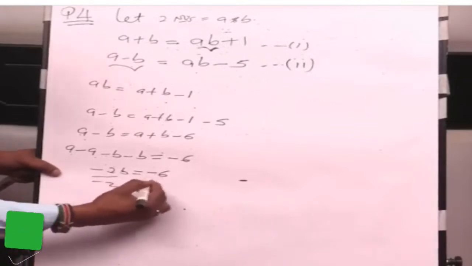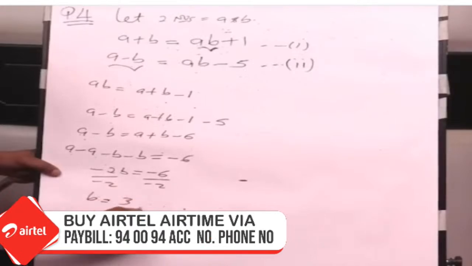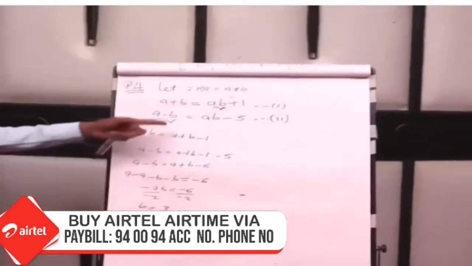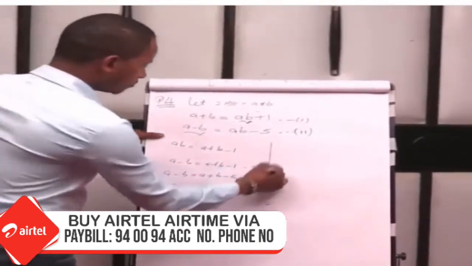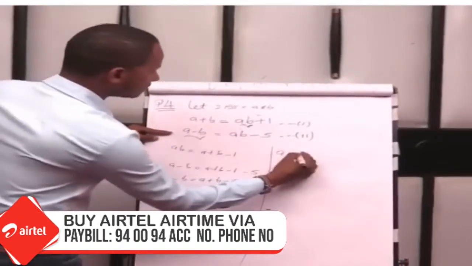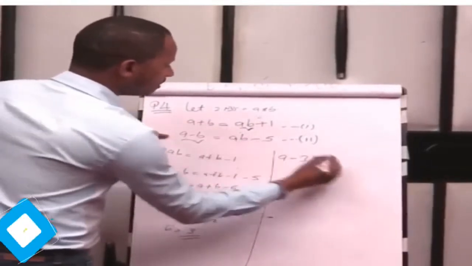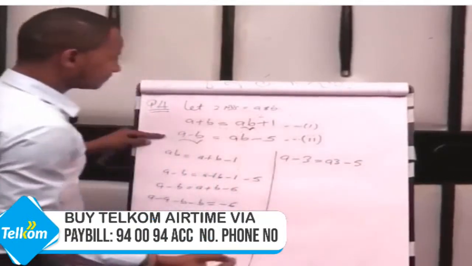Divide by minus 2 both sides. So B equals 3. So when B is 3, what is A? Anywhere there is B, you write 3 to get the value of A. So you come here. A minus B, but B is 3, equals A times B, B is 3, minus 5.